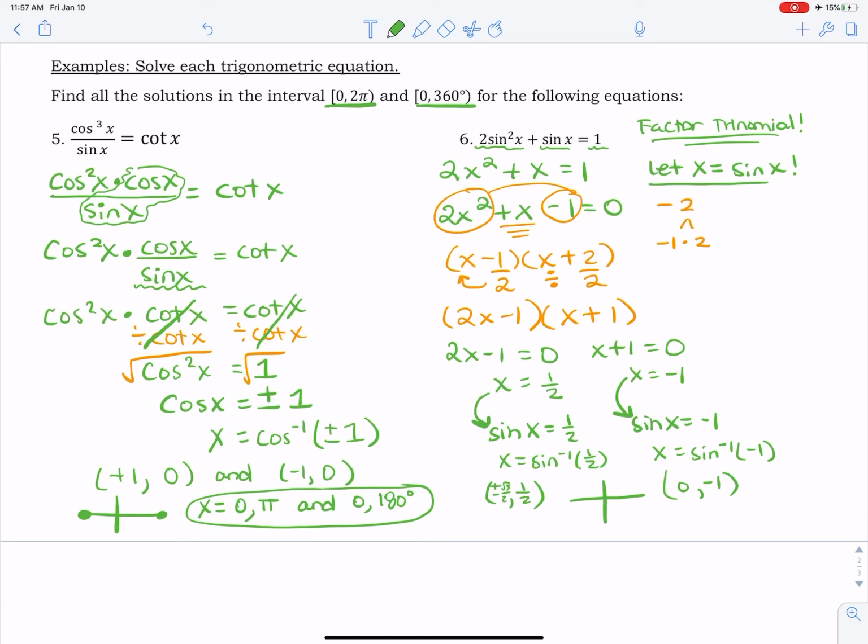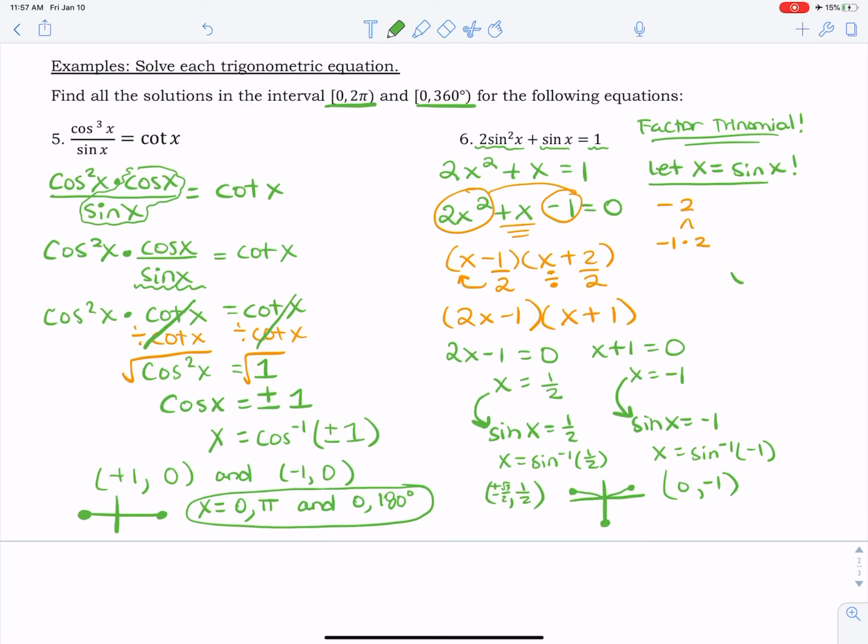Well, square root of 3/2 and 1/2 on the unit circle would be here. That would be the positive version. Negative square root of 3/2 and 1/2, that would be over here. That would be the negative version. And 0, -1 is here. And so you have 3 answers in all.